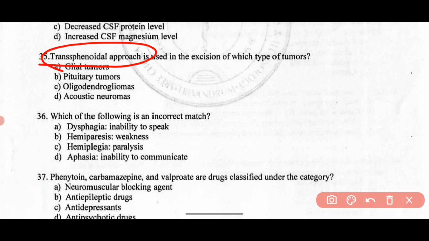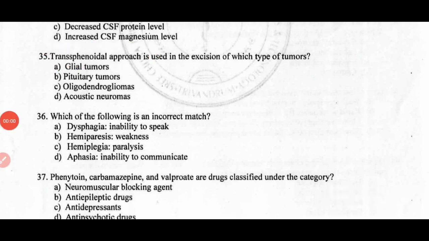Transsphenoidal is an approach. Transnasal approach is there, transsphenoidal approach is there. Transnasal means through the nose they reach the pituitary gland. Transsphenoidal means they make an incision below the upper lip and reach the pituitary gland.